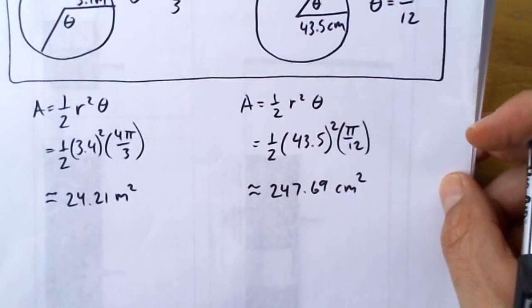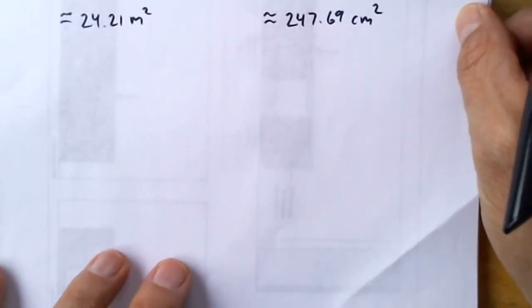All right, so that's arc length and area. Now we're going to use arc length to find angular and linear speed.